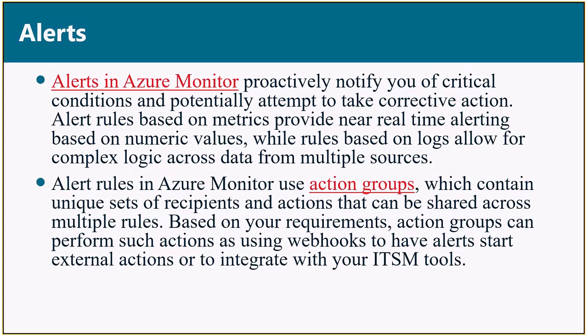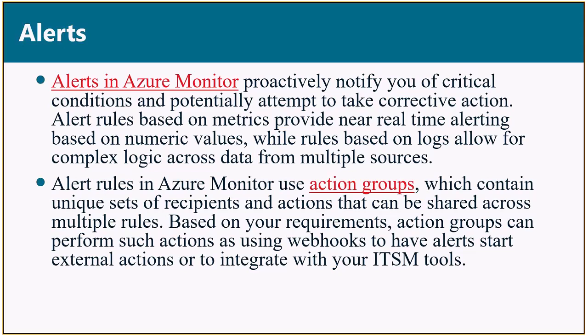Alerts in Azure Monitor proactively notify you of critical conditions so you can prevent an outage before it goes down. We can set up alert rules based on metrics, which provide near real-time alerting based on numeric values. Rules based on logs allow for complex logic across data from multiple sources.